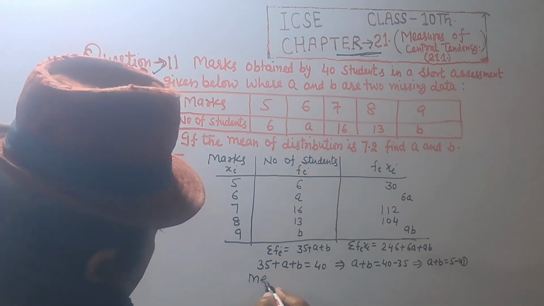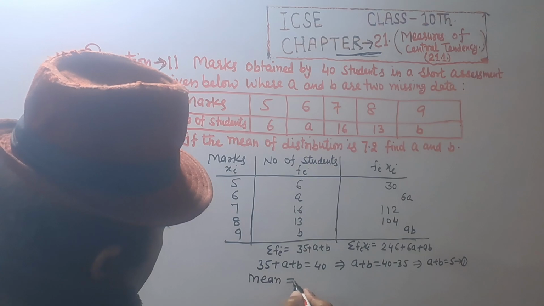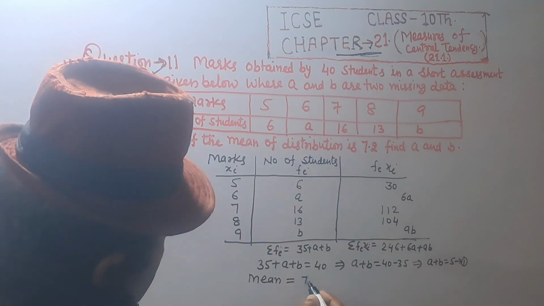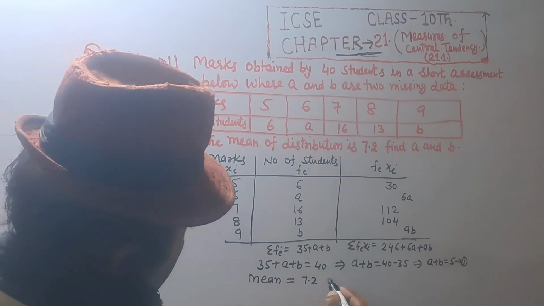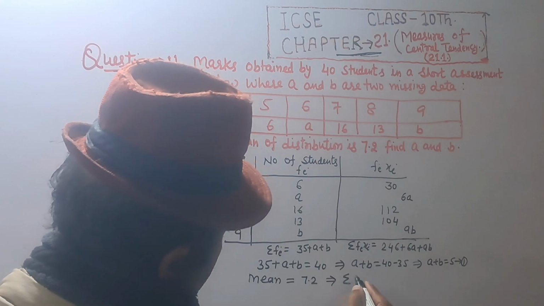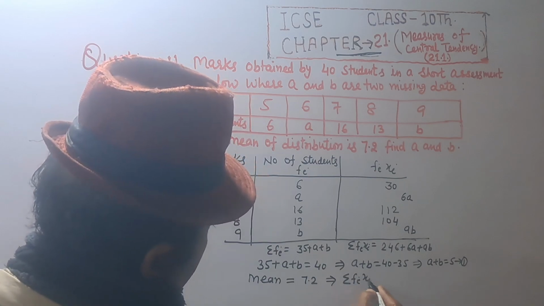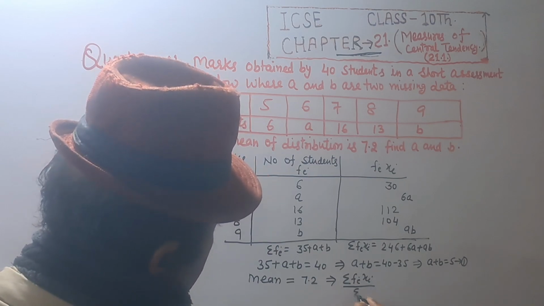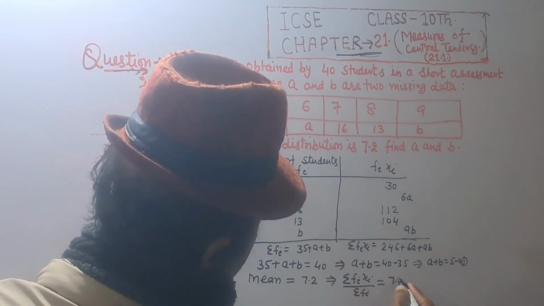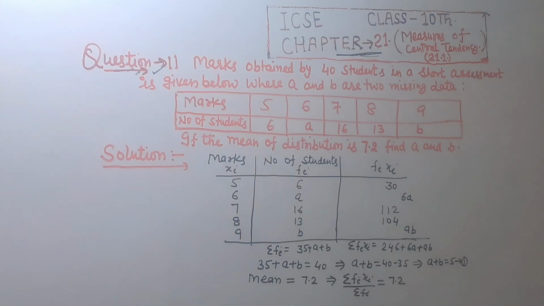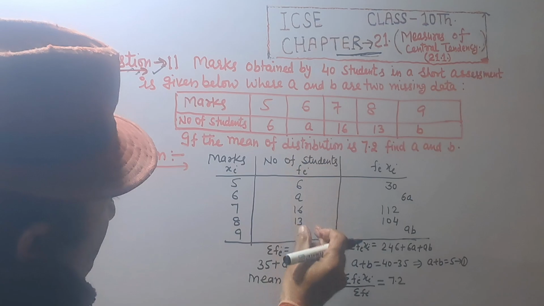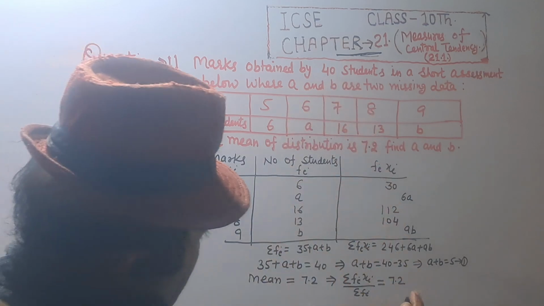And mean of distribution is equal to 7.2, which implies mean equal to summation Fi Xi upon summation Fi, that is equal to 7.2. And sum of frequency, that is total number of students, is 40.